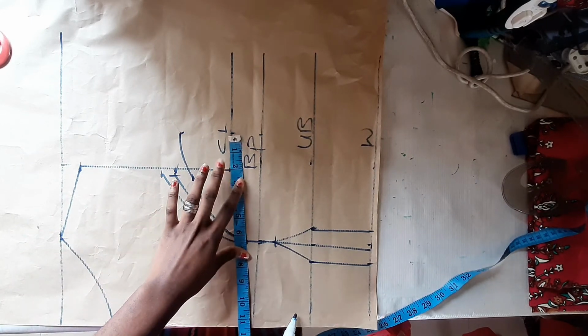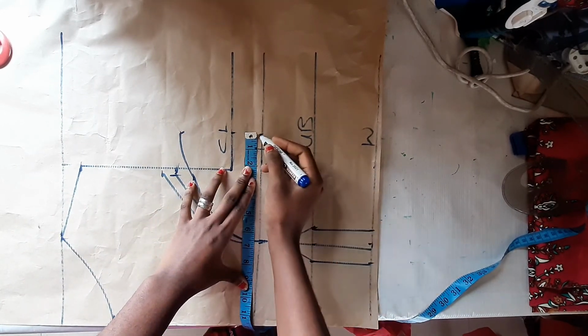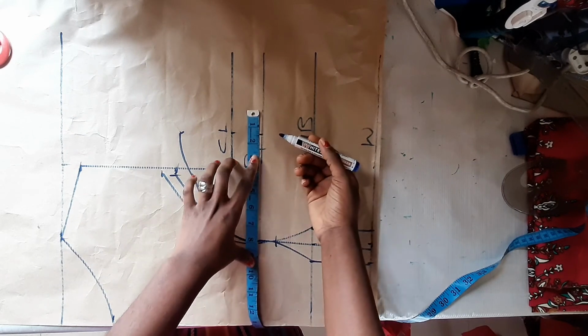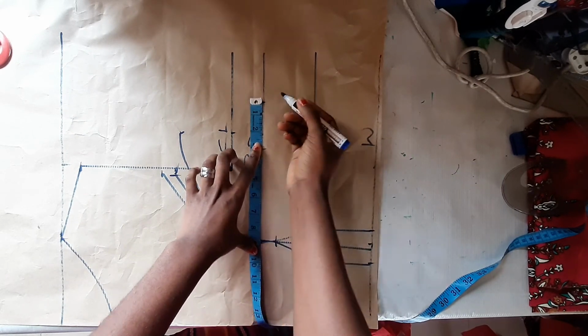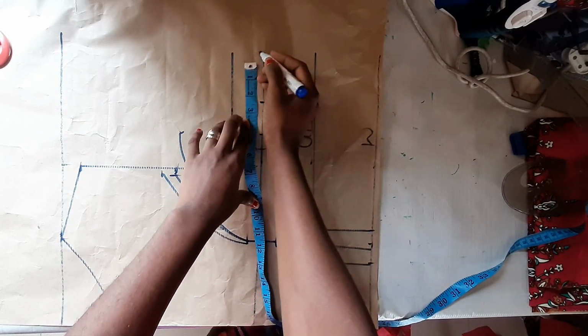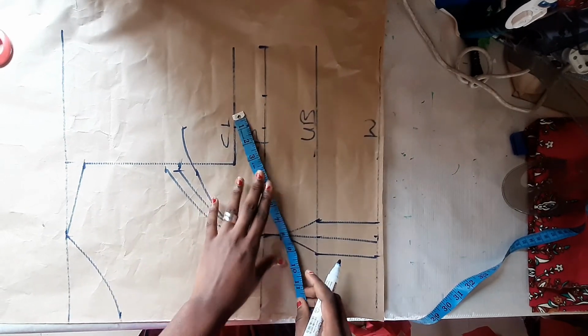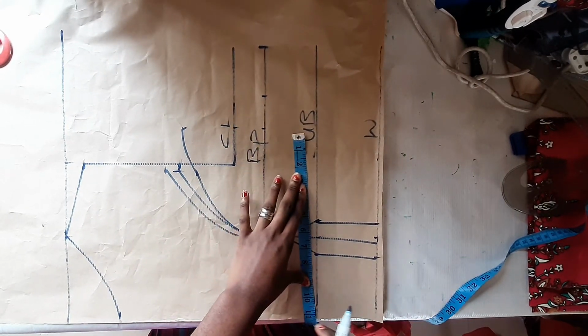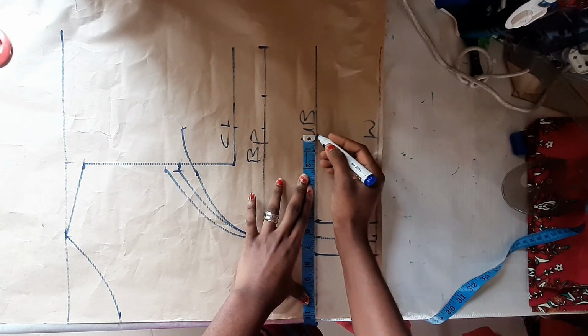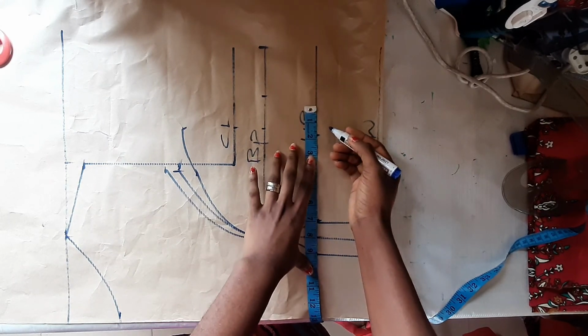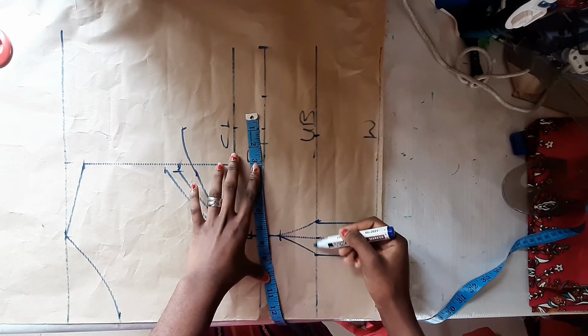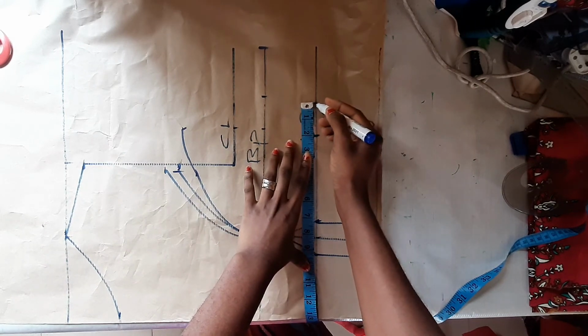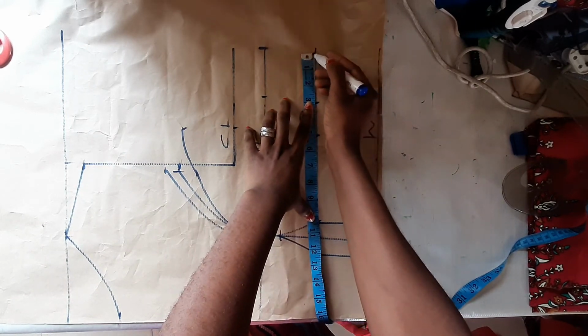And now you're going to take the full body measurements. The full body measurement divided by 4 plus the 2 that you're taking away plus your sewing allowance. On the underbust, you're going to divide your underbust by 4. The 2 dots you're going to take out, make sure you add it plus your sewing allowance.